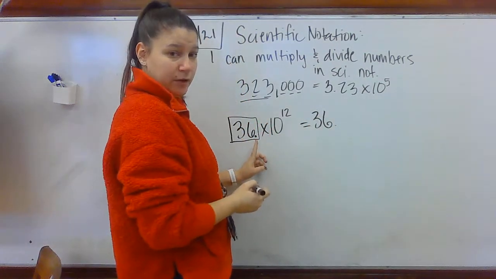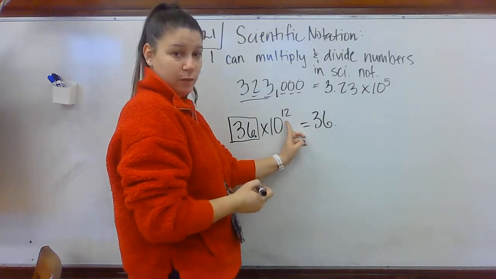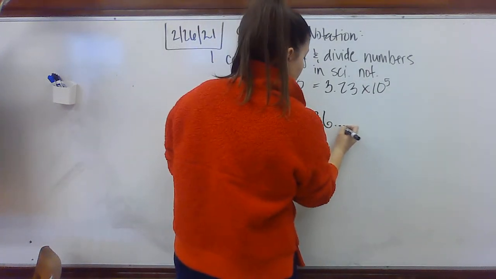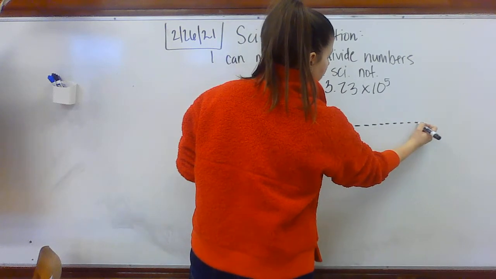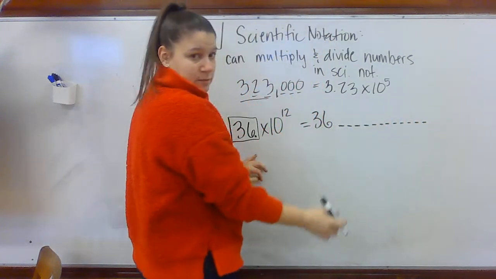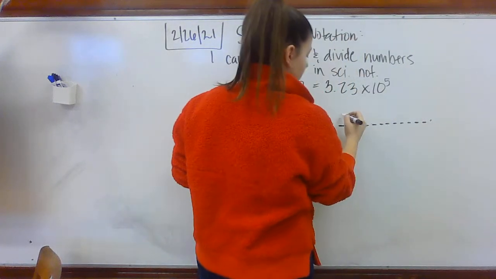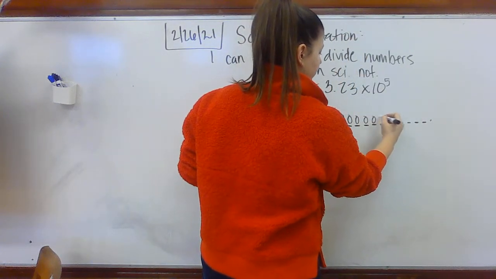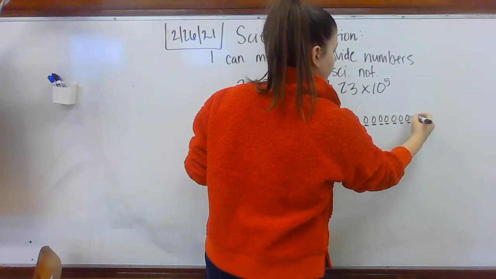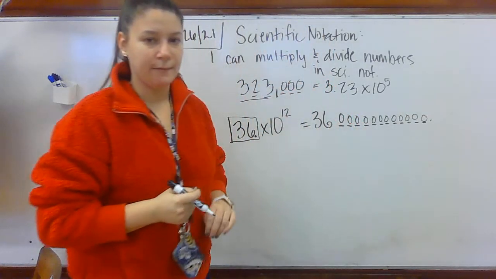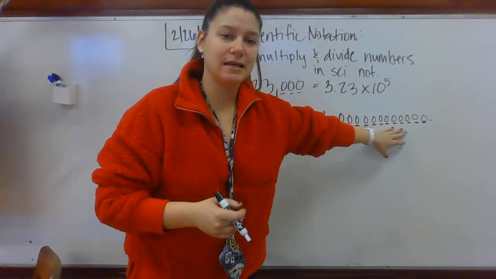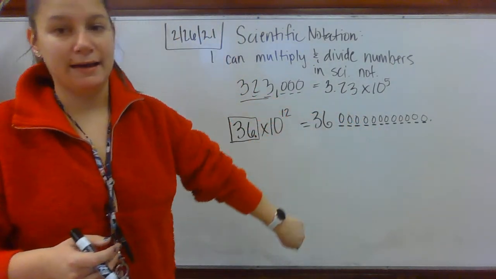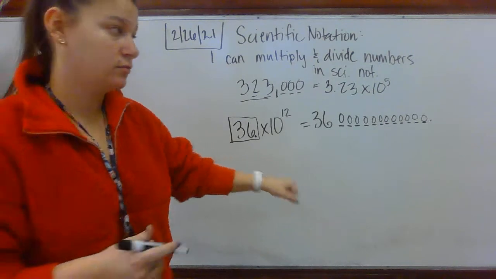From where this decimal point is, I'm going to move it 12 spaces to the right. So 1, 2, 3, 4, 5, 6, 7, 8, 9, 10, 11, 12. Take my decimal point out, put it at the end, put zeros in as my placeholder. Okay, then I wrote it in standard. Now I'm going to take this number and put it back into real scientific notation.